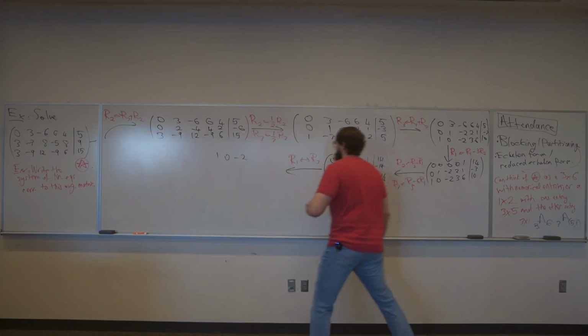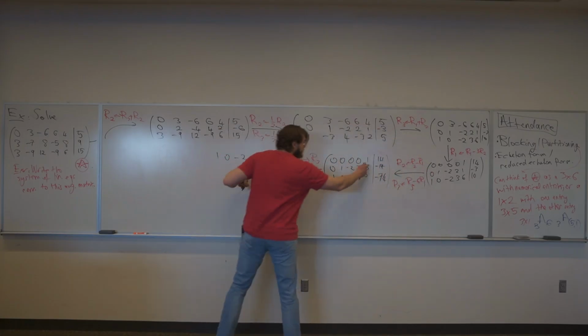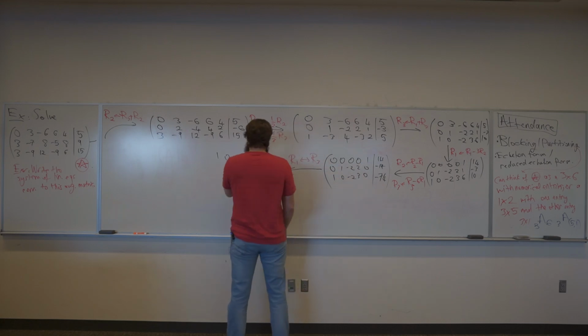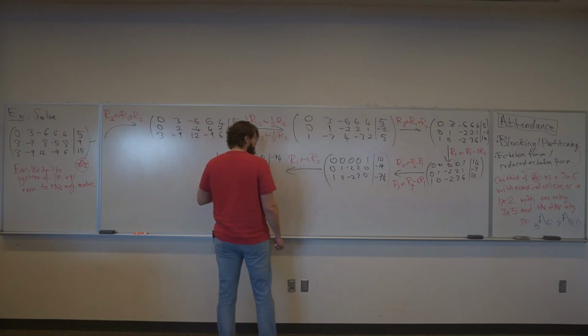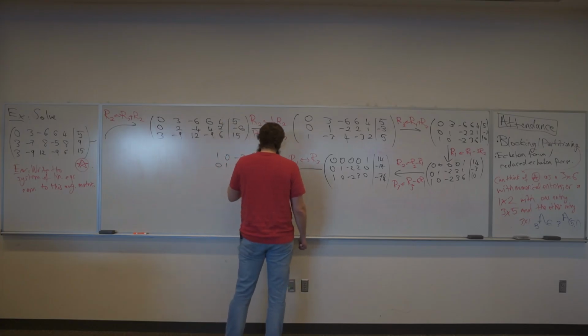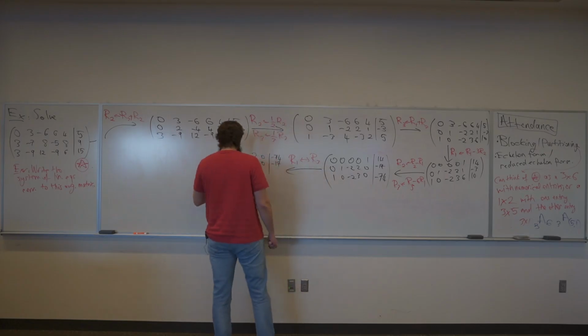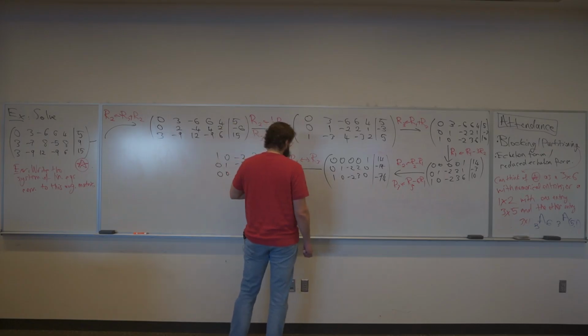That should be 0. Zero, minus 74, 0, 1, minus 2, 2, 0, minus 17, and then finally 0, 0, 0, 0, 1, 14.